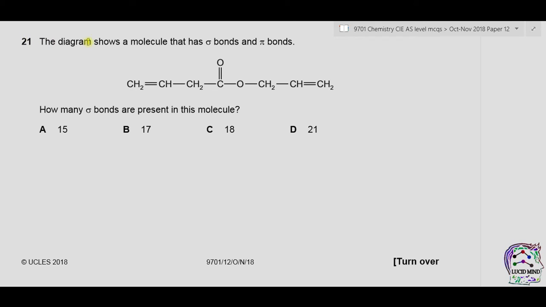Question 21. The diagram shows a molecule that has sigma bonds and pi bonds. How many sigma bonds are present in this molecule? Every single bond is sigma bond, and in double bond we have 1 sigma and 1 pi. Let's draw all the bonds.